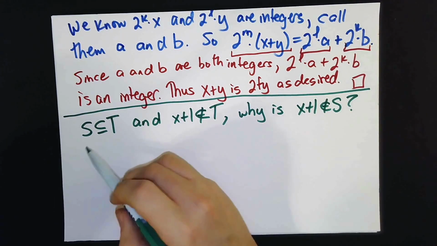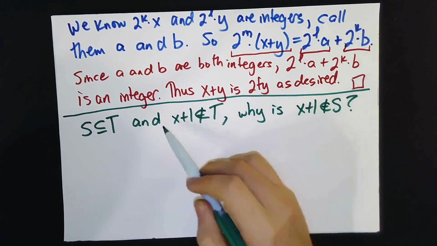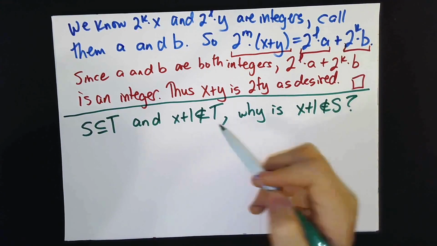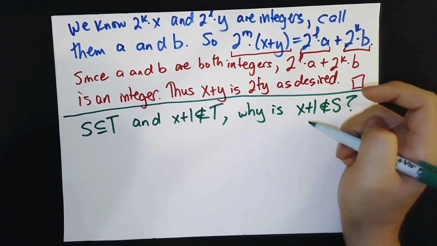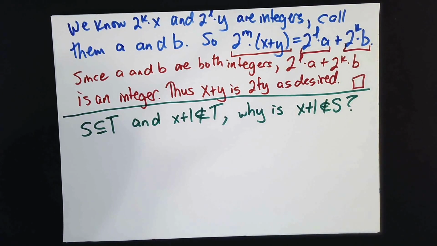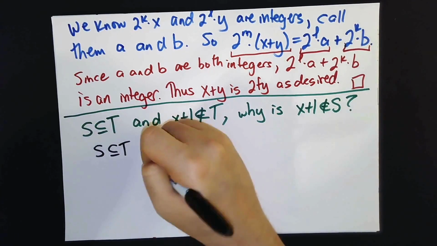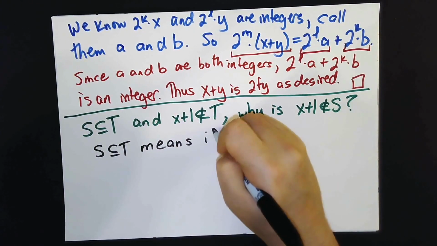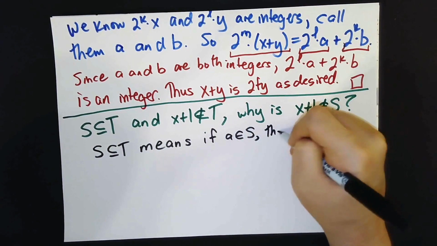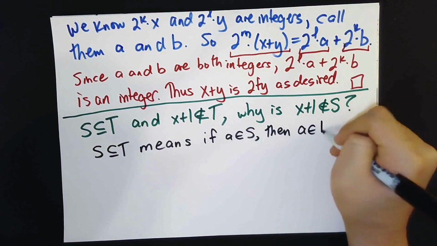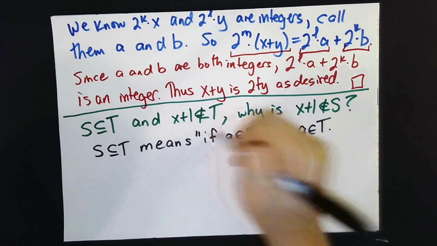Why is it that if I know that S is a subset of T and x plus 1 is not in T, why does that tell me that x plus 1 is not in S? So let's spell this out carefully. Here's how it goes. What does S is a subset of T mean? It means that if a is an element of S, then a is an element of T. But that's not actually the kind of thing I want.